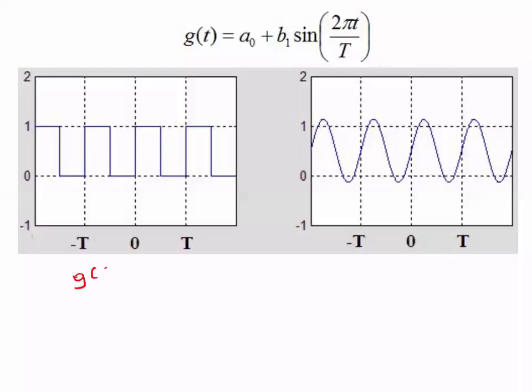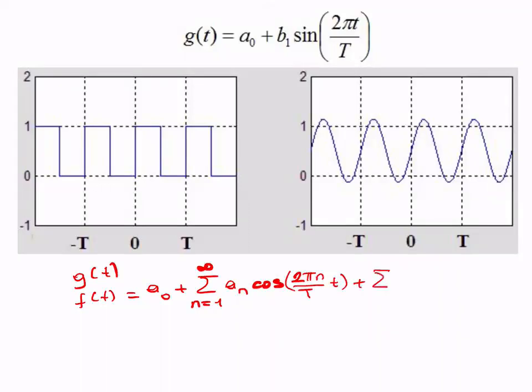We were writing our function g of t or f of t as equal to our DC component plus the coefficients of cosine 2 pi n over T, with n from 1 to infinity, plus b m sine 2 pi m over T, okay?